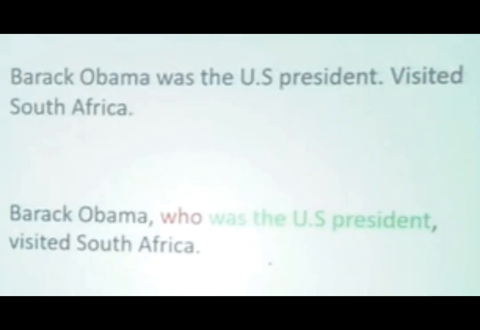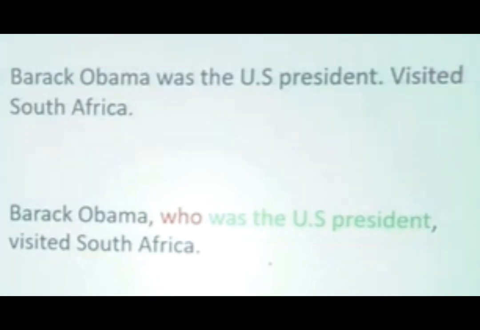Let's see, Barack Obama. Barack Obama was the US president. He visited South Africa. Let's see, Barack Obama, who was the US president. You see here, for example, who was the US president is between two commas, because we already know that Barack Obama was the US president a few years ago.